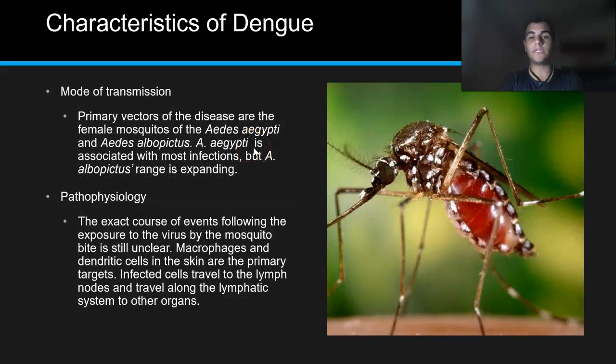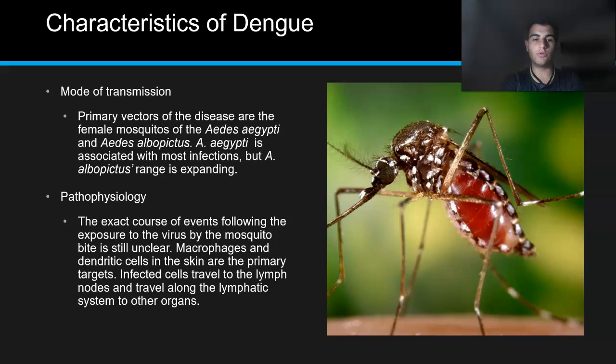Some of the characteristics of dengue. The mode of transmission is through mosquitoes. The primary vectors are mosquitoes, specifically the Aedes aegypti and the Aedes albopictus. The female Aedes aegypti mosquito is associated with most infections, but the albopictus range is expanding.